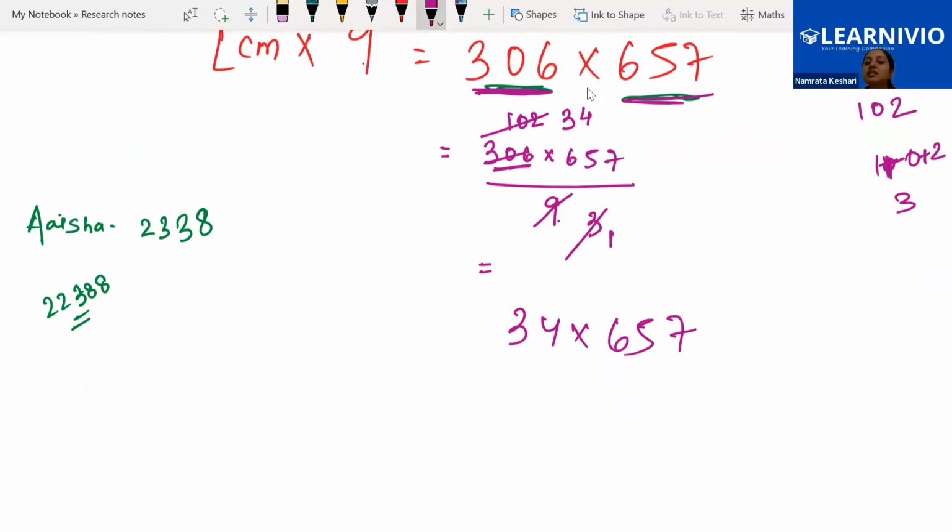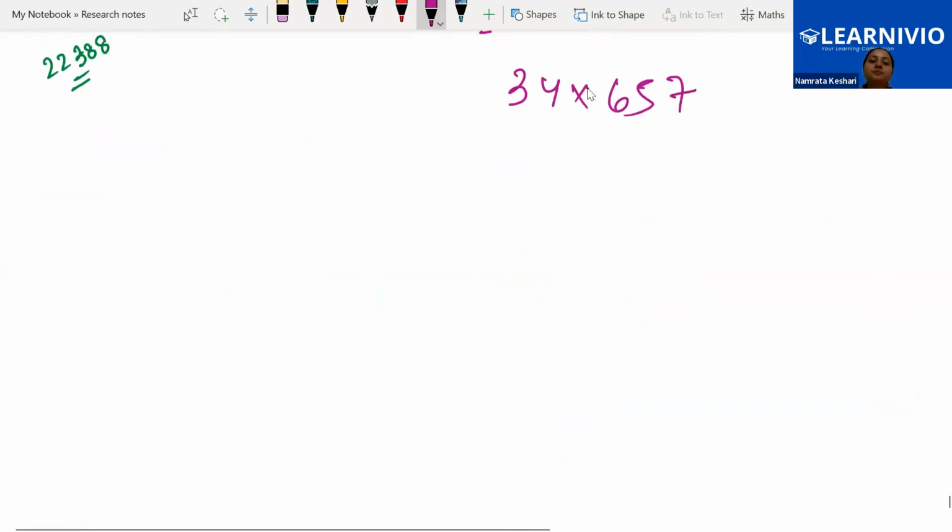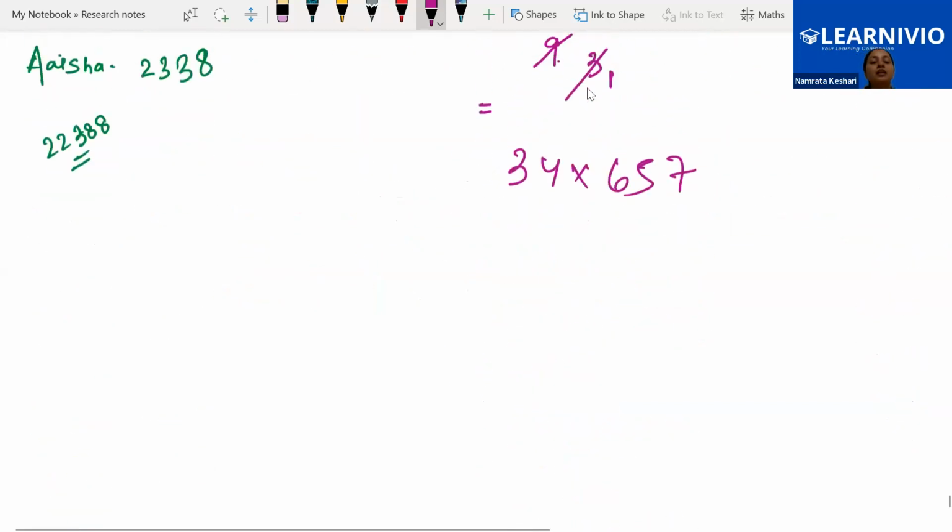Previously, I did not multiply the two 3-digit numbers, because that would give a very large number and we would start thinking of cancelling it by 9. It is better to take the 9 from the left hand side, where it was in multiplication, and put it on the other side in division. That's it. This is what we got: 34 into 657.